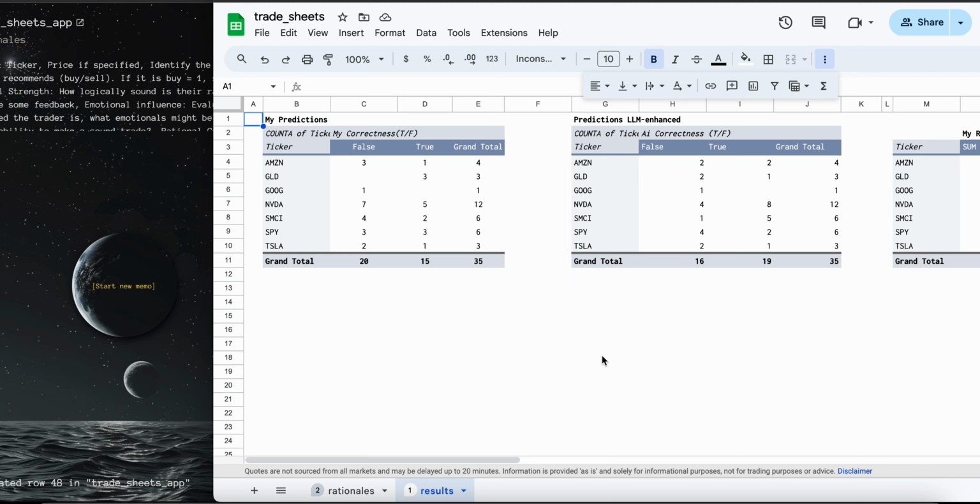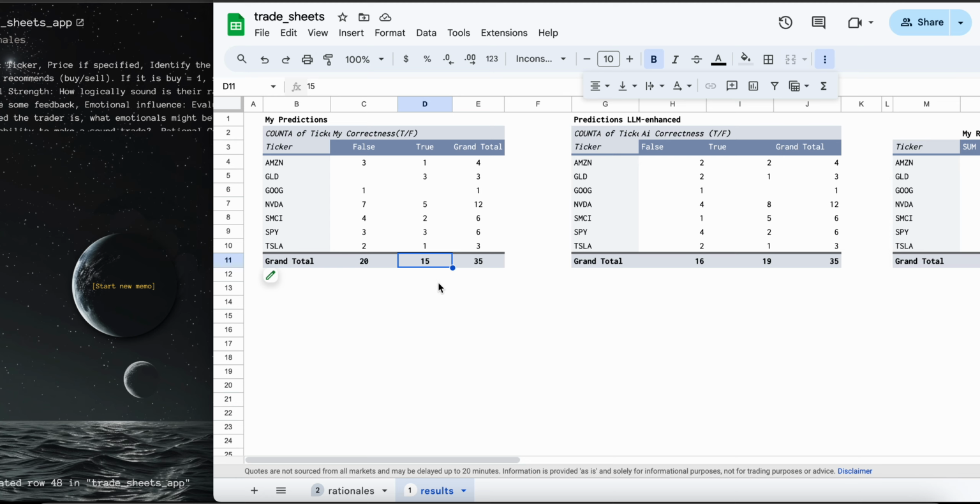So for myself, it looks like 15 out of 35 of my predictions have been correct.